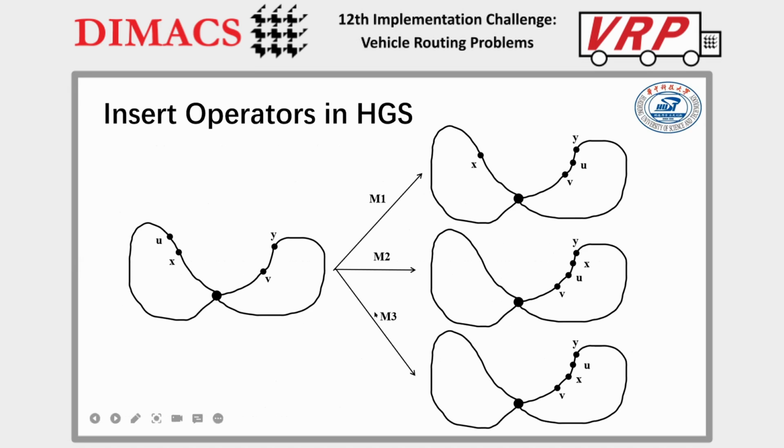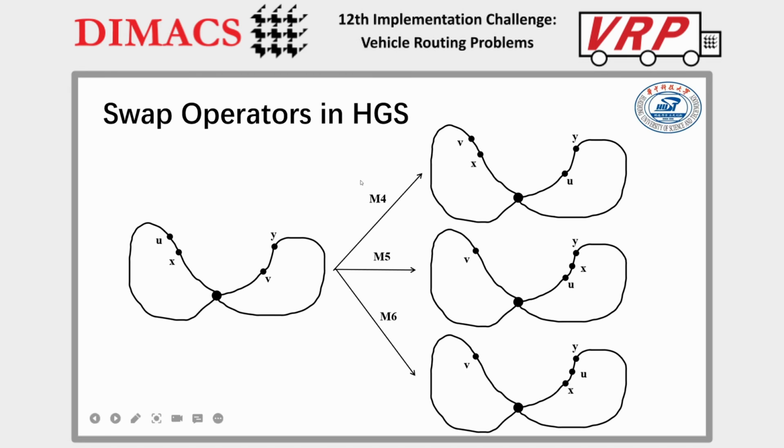Here are operators M1 to M3 that insert one city U or a pair of connected cities U and X to another place, the place between V and Y. Here are operators M4 to M6 that swap one city V with one city U or a pair of connected cities U and X. We only introduce the insert and swap operators here because we mainly provide some new insert and swap operators.